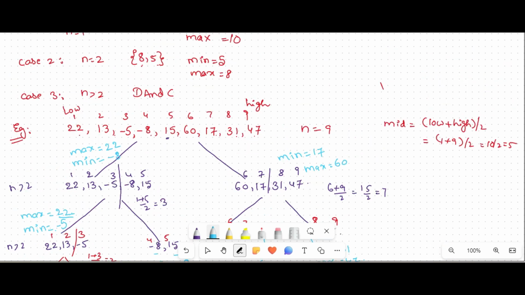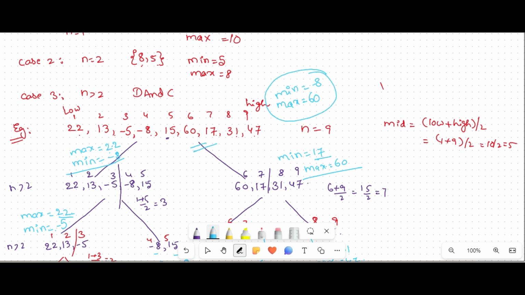Now again, you have to compare this subarray and this subarray. That means this minimum, this maximum and this maximum. You have to find out maximum 22, maximum is 60. So here by comparing these two, maximum is 60. Now minimum is -8 and here minimum is 17. So minimum is -8. That's all.